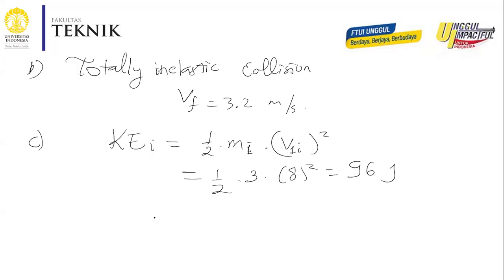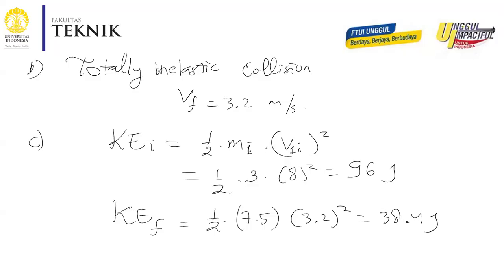But the kinetic energy for the final state is equal to half times 7.5 times 3.2 squared, which is 38.4. So the kinetic energy at the initial state is not the same as at the final state. It means that this is not an elastic collision.